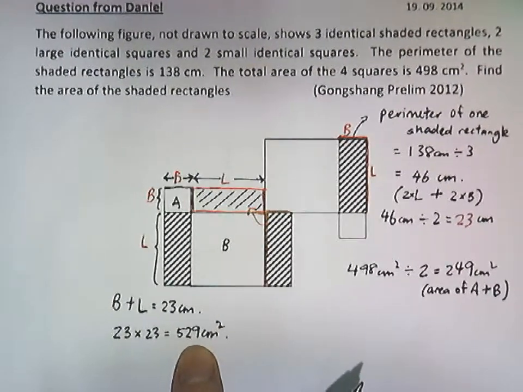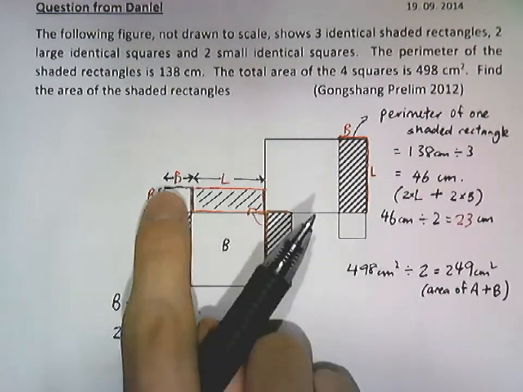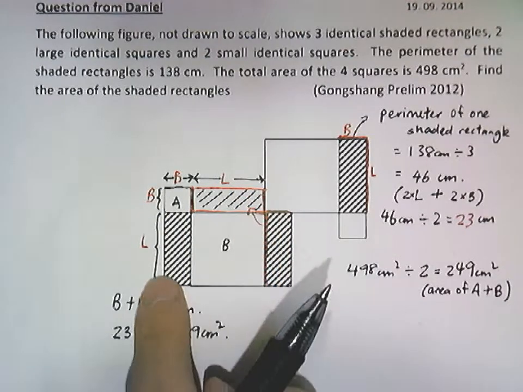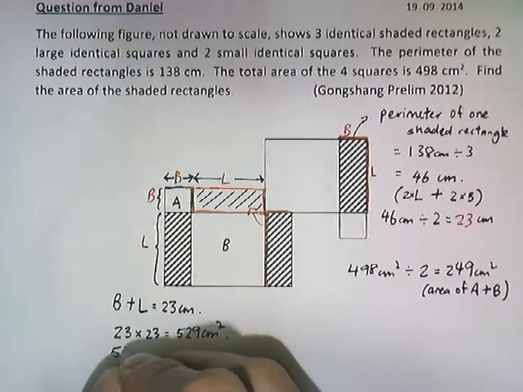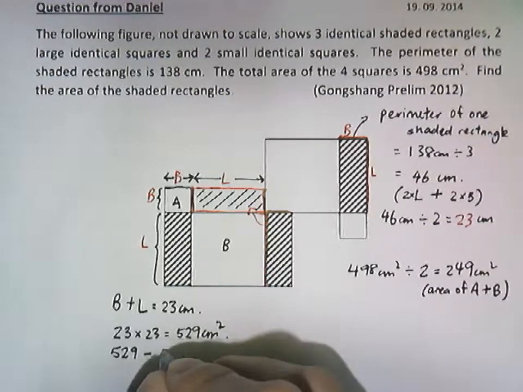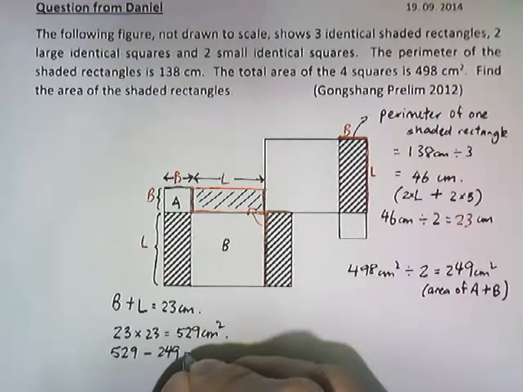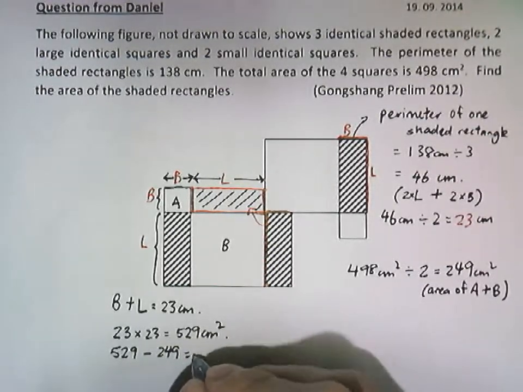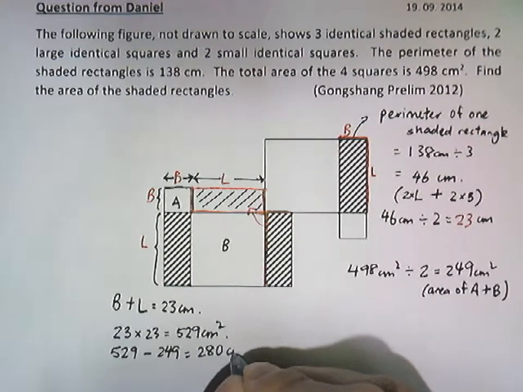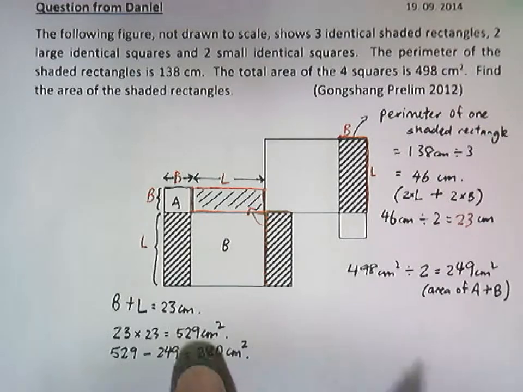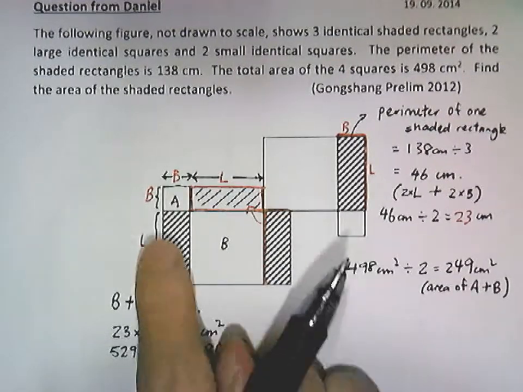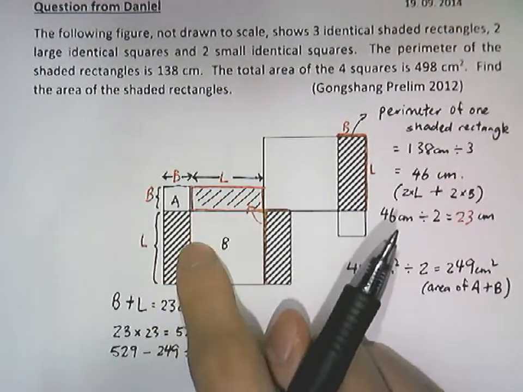The big square is 529 cm square, so I subtract 249 cm square. That gives me an area of 280 cm square, which is the remaining two shaded rectangles.